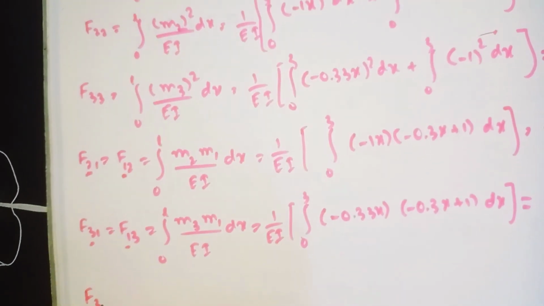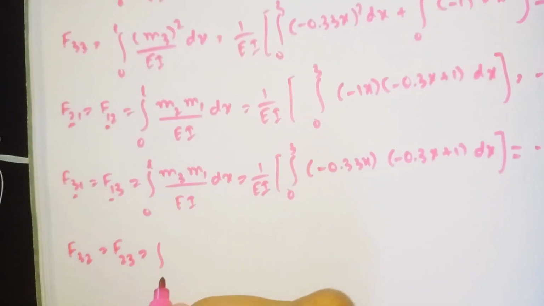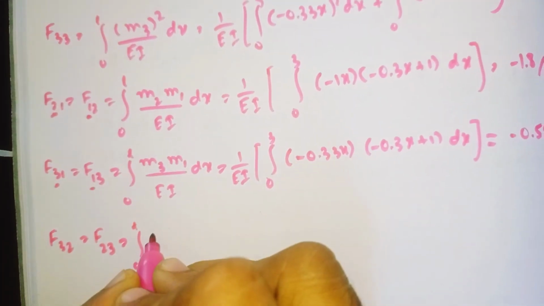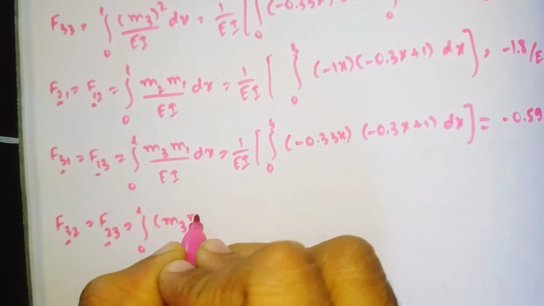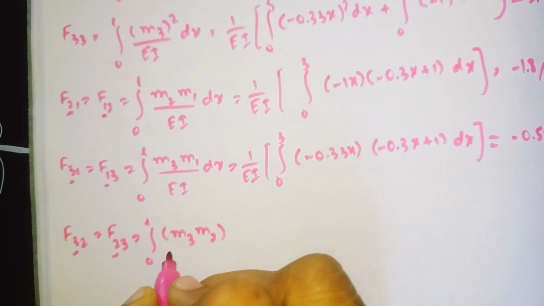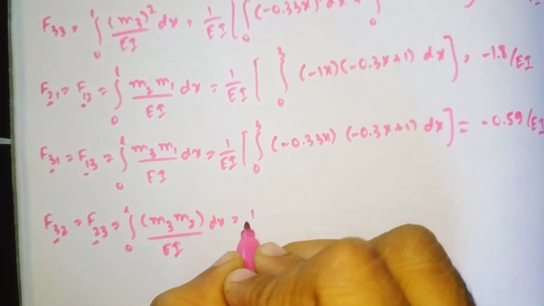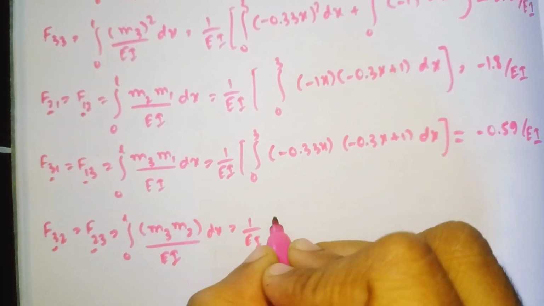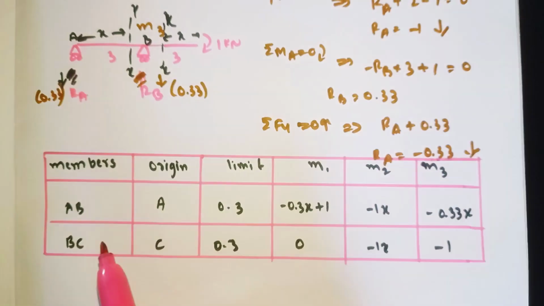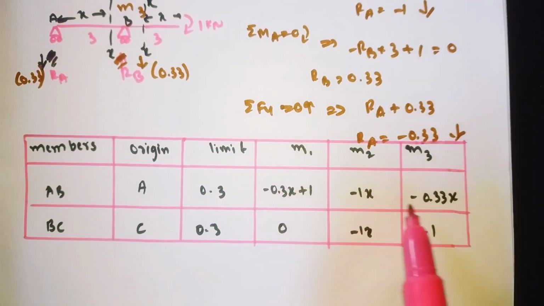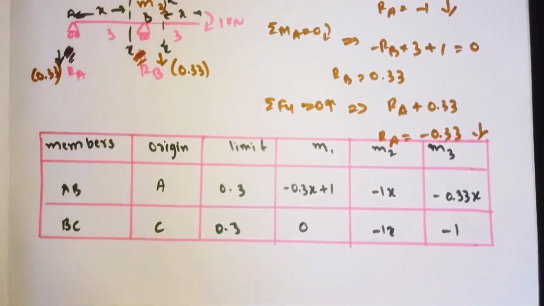So F32 is equal to F23, integration of 0 to L, moment of the first point, here also the first point, M3 into M2 divided by EI into dx, is equal to 1 divided by EI, I am taking outside, into integration of 0 to 3. The M3 and M2 values for AB are minus 1x and minus 0.33x. For BC it is minus 1x into minus 1.